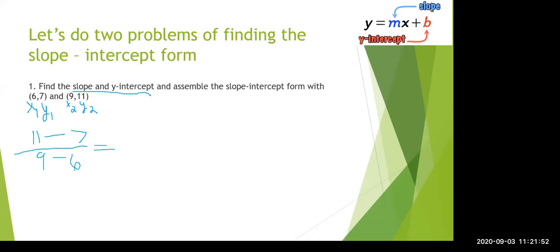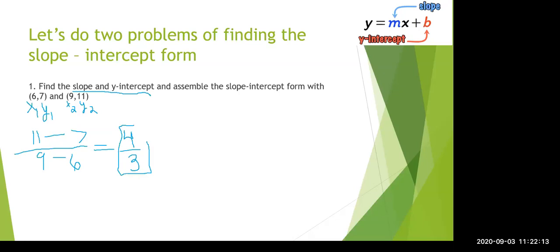So then that equals 4 divided by 3. So this is our slope. Let me fix that. Come on. Okay. So we know that this is the slope.